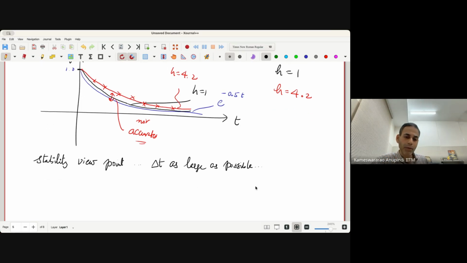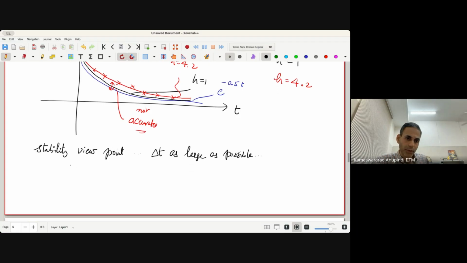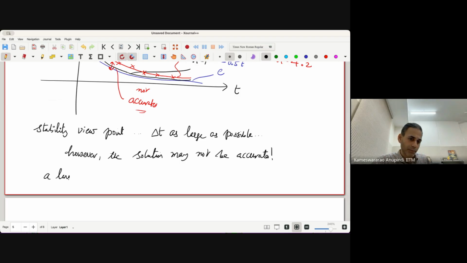However, the solution may not be accurate. That means we want to keep delta t small from the accuracy point of view, but we would like to keep delta t as large as possible from the stability point of view, because a larger delta t means that we need fewer steps to reach the final time, right?